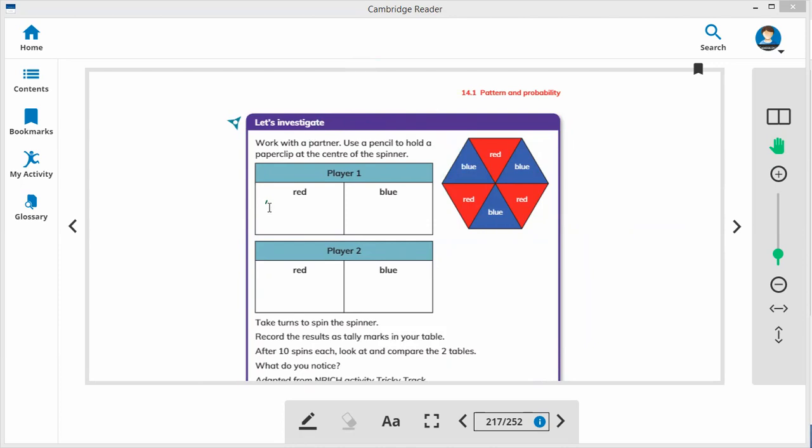You will say it is 1 time red, 2 times blue, like this. When you are playing together with your partner, you will say 3 times red and 1 time blue. If you are playing 5 times, you will add up the numbers.